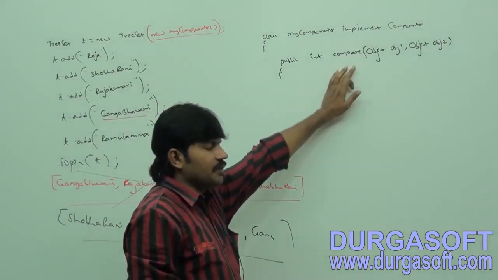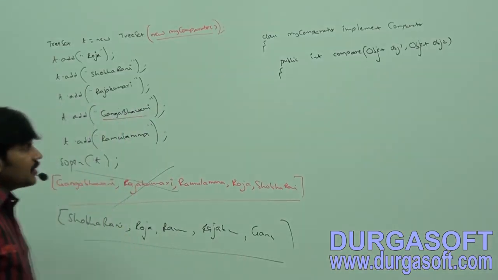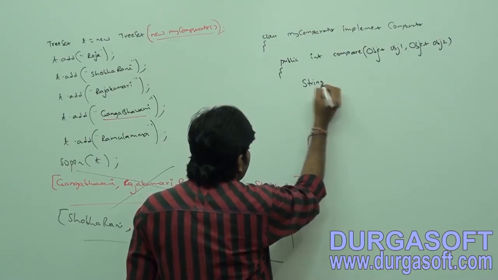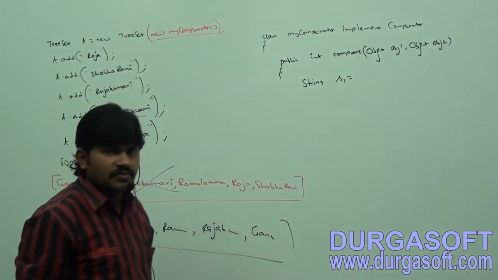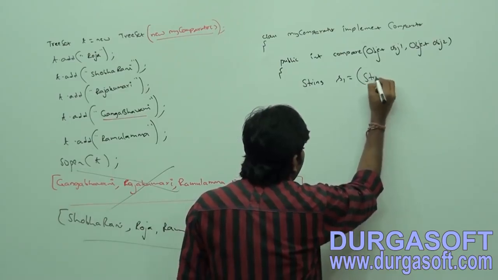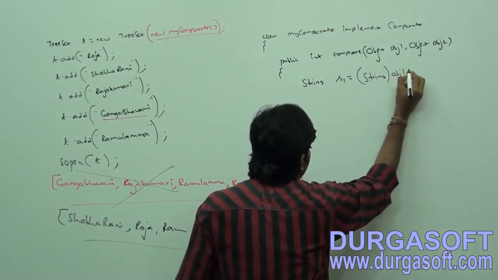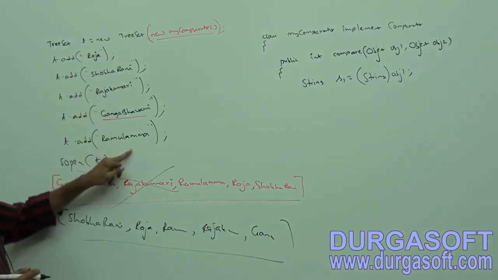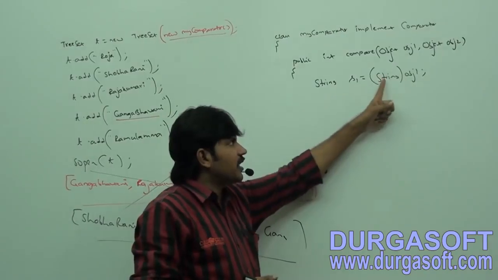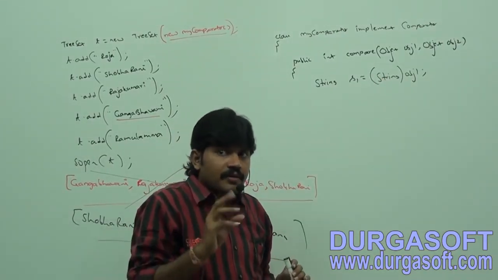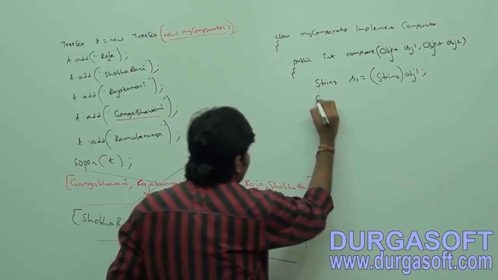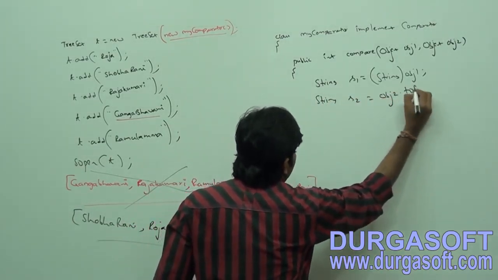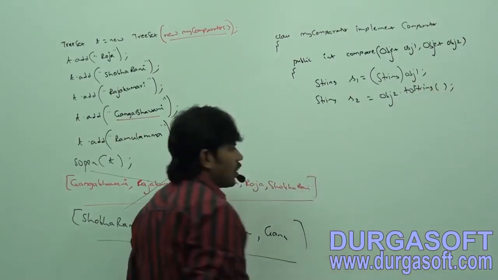Now I got two objects. Here, see, which type of objects are we adding? String objects, right? So String s1 = (String) obj1. Anyway, you are adding String objects only, so through typecasting you can convert to String. But for String there is another facility: not required to perform typecasting. String s2 = obj2.toString() also.